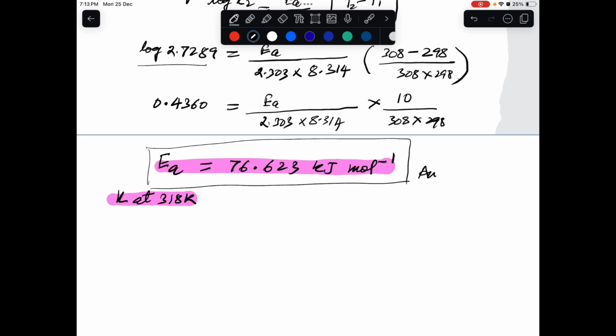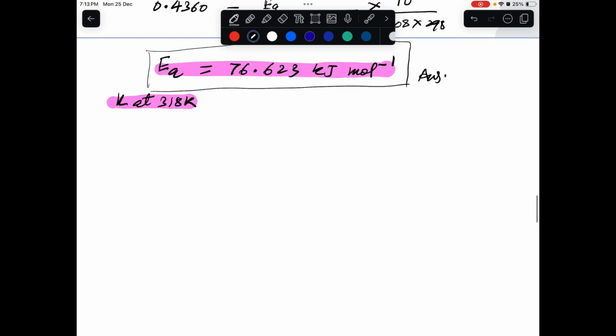Now we have to calculate one more value, that is the value of K at 318 Kelvin. For this we will write the Arrhenius equation in log form, which is log K is equal to log A minus EA divided by 2.303 RT.